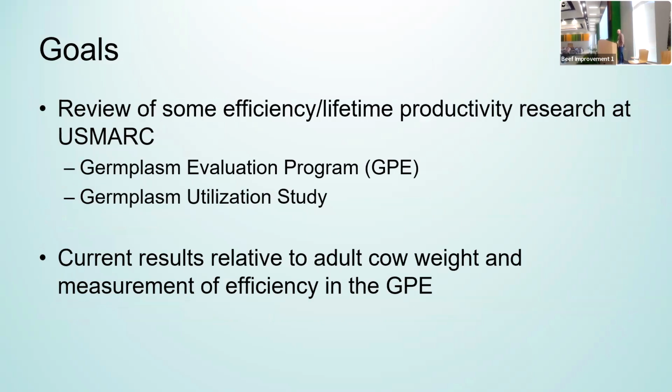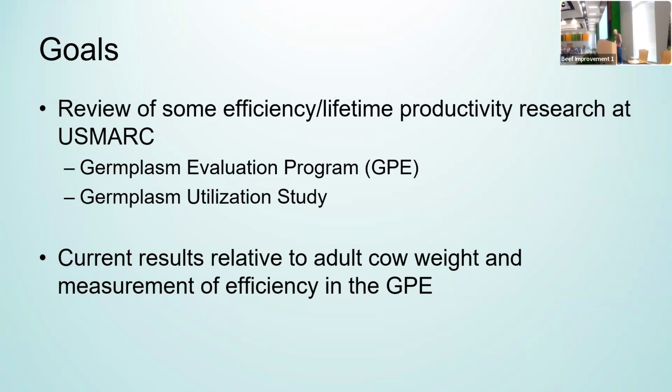I'm going to start out by reviewing some of our old literature, which came from the Germplasm Evaluation Program that Randy mentioned at the beginning, where we've been evaluating each year. This came from some of our historic data when GPE was running a cycle, as well as our germplasm utilization study, where we really looked at heterosis and ended up with a lot of different breed comparisons.